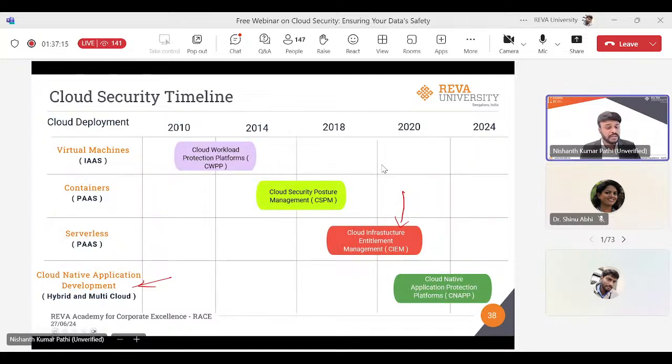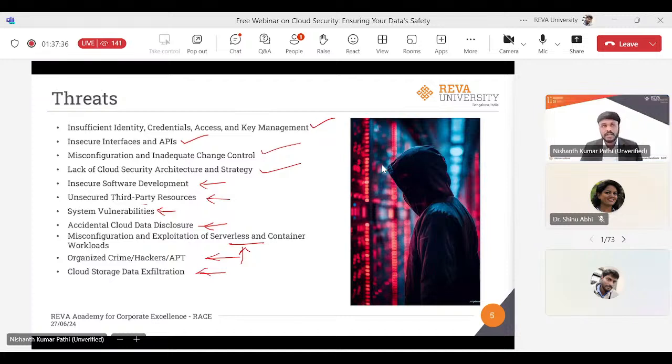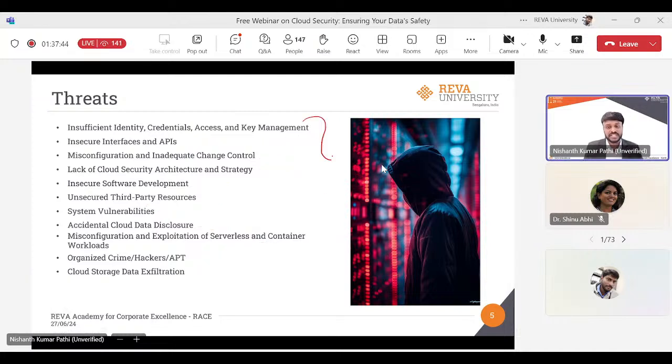When you are moving to multi-cloud and hybrid cloud environments, the solutions that protect these environments also have to upgrade. And now we see tools like cloud native application protection platforms, which can help you protect against multiple threats. Almost all of these products, to a certain extent, I cannot say 100%, but to a large extent, can help you protect against these attacks or breaches.